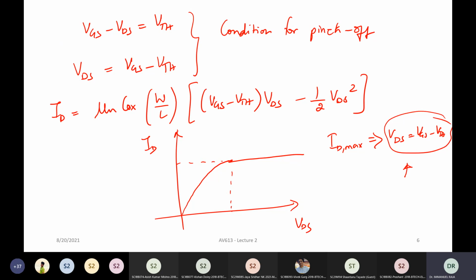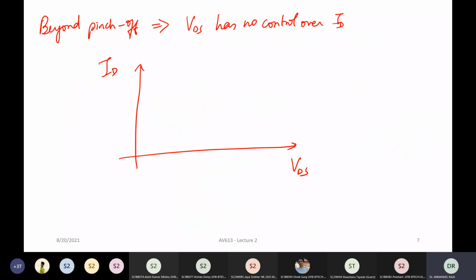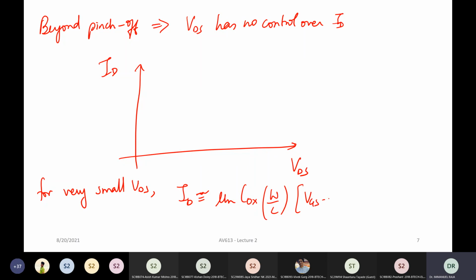So if you look at this particular equation, for very small VDS, it is going to look pretty much linear. So let me write this there. For very small VDS, ID is going to look something like this. You can approximate it to mu n Cox W over L into VGS minus VTH into VDS.